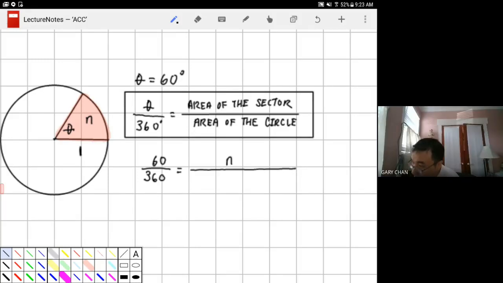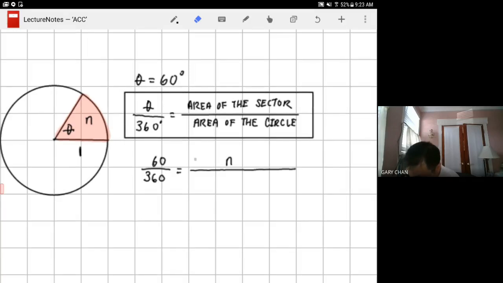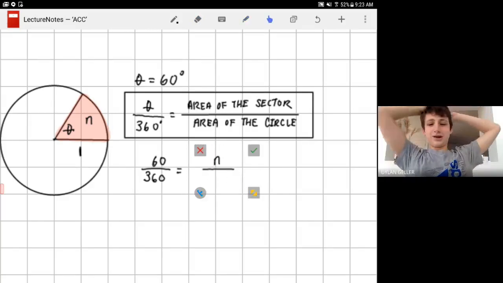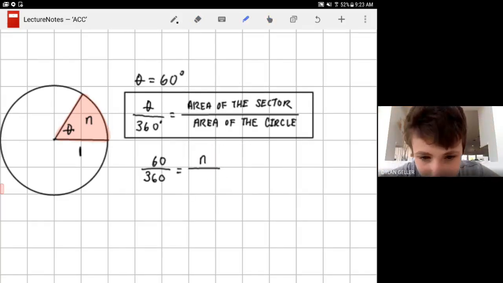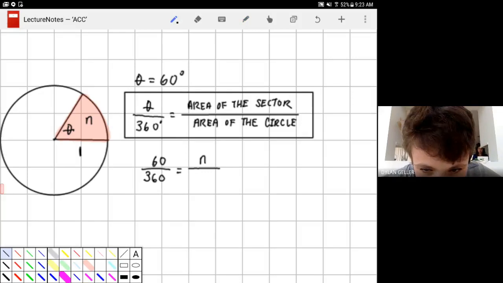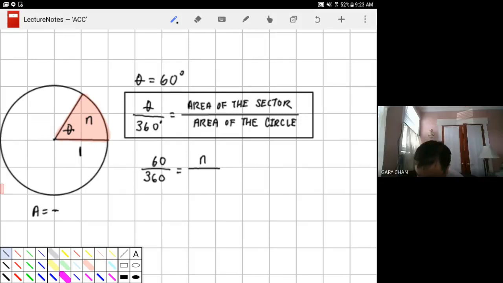Is Dylan still here? Yeah, I'm here. All right, Dylan. What is the area of the circle? So remember, the area of the circle is pi times r squared, right? So what's the area of the circle?